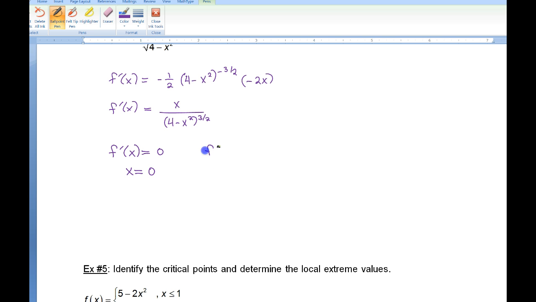And then we look at where this is undefined, that's for any rational function. So basically when you have a rational function and you're doing the critical points, for this part, set the numerator equal to 0. For this part, set the denominator equal to 0. You want me to write that down?